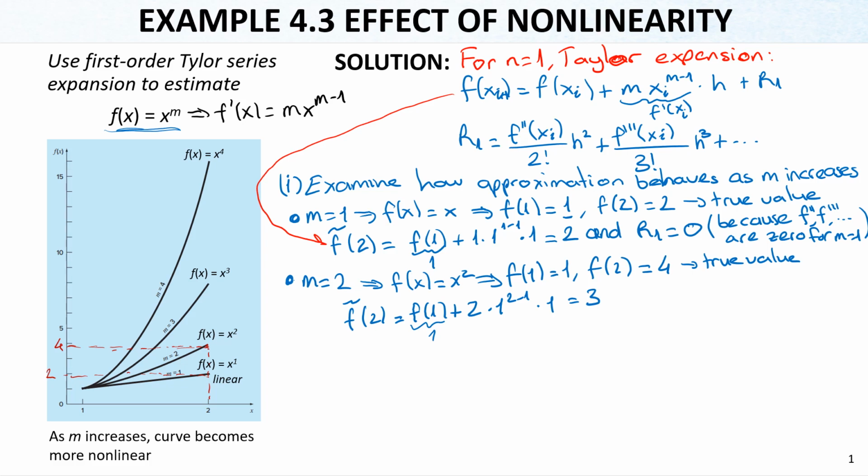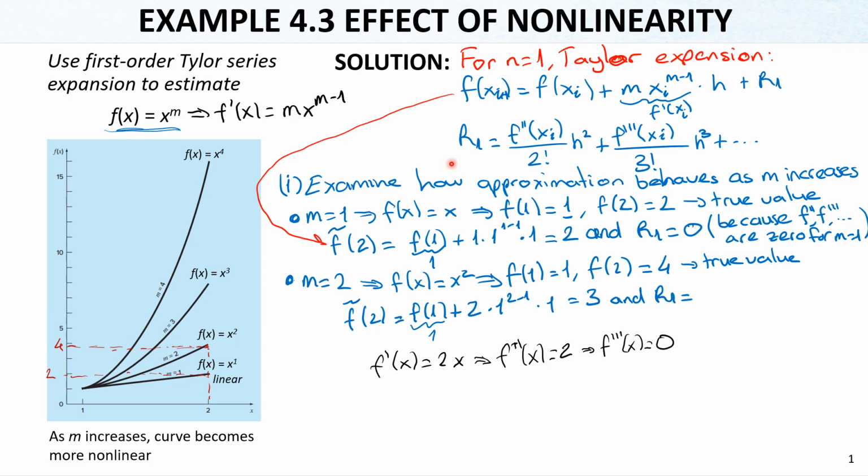And if we calculate R1, it is actually the second derivative, you can see here, and the first derivative was 2x, let me write it down. So the first derivative is just 2x, while the second derivative is just 2, and the third derivative is just 0.